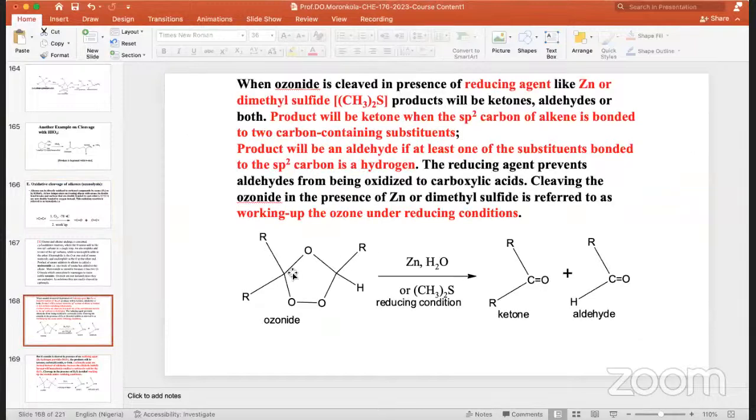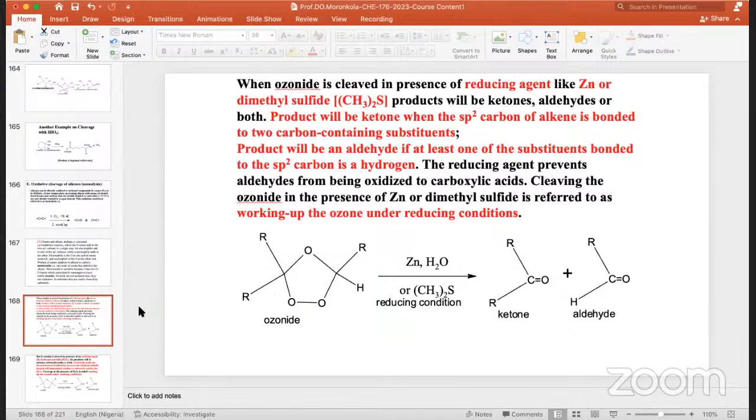Immediately, there was a double bond here before, and then on reacting with our ozone, it formed this ozonide. Now, the next step after the ozonide is formed depends on the reagent used in reacting with the ozonide.